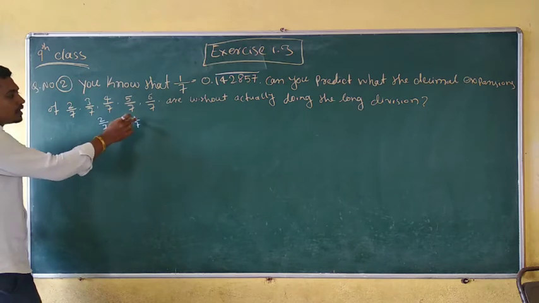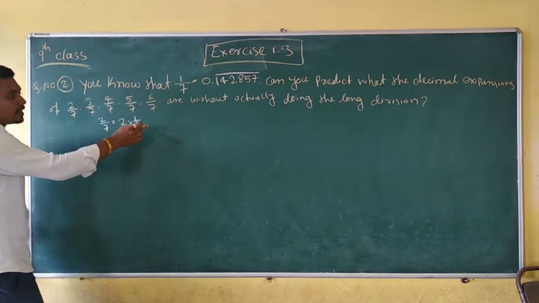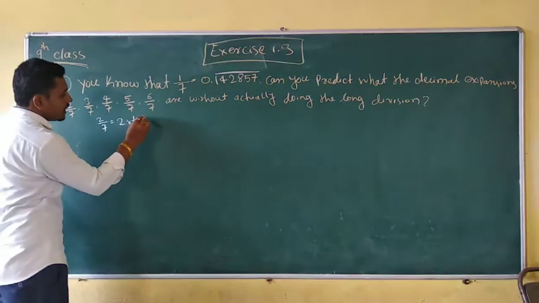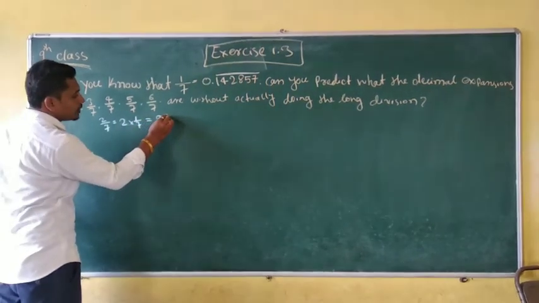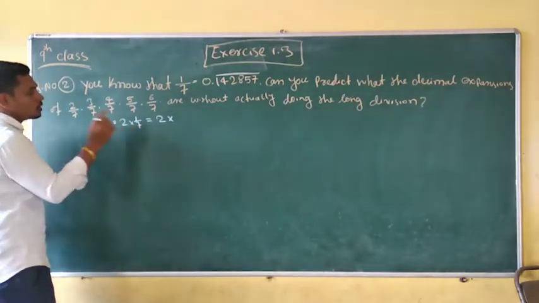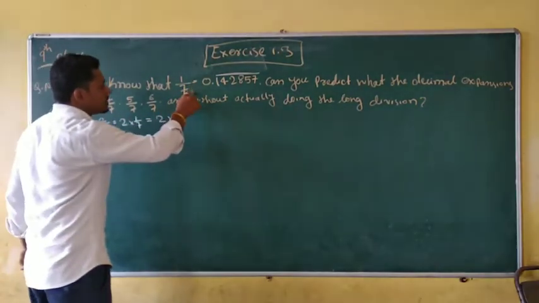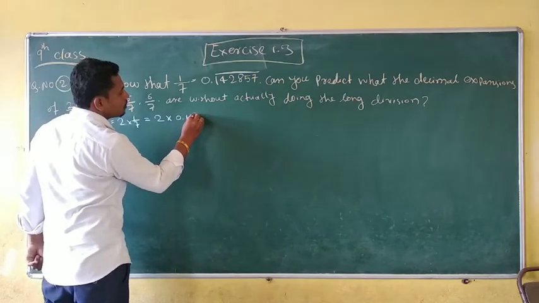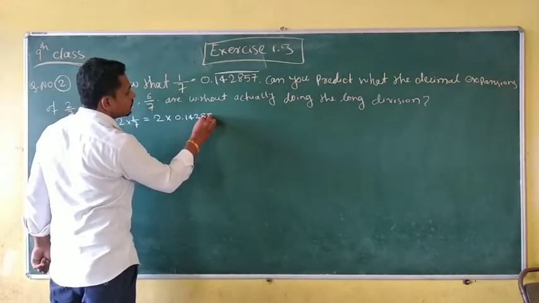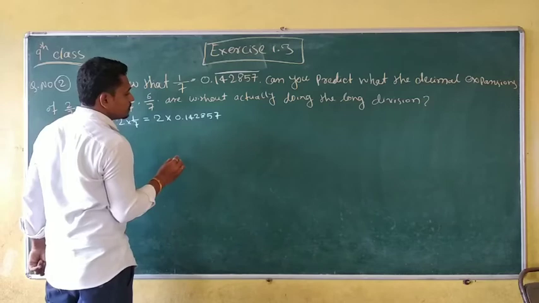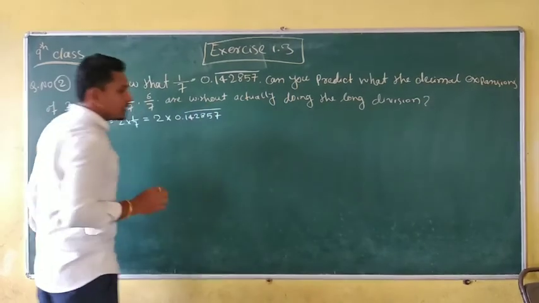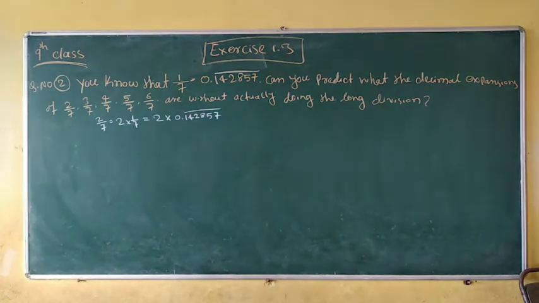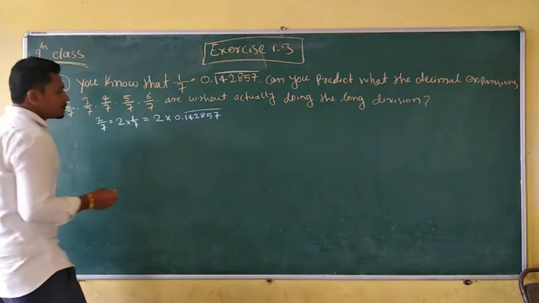So it is equal to 2 into the value of 1 by 7. The value of 1 by 7 is 0.142857 repeating. Is it right?